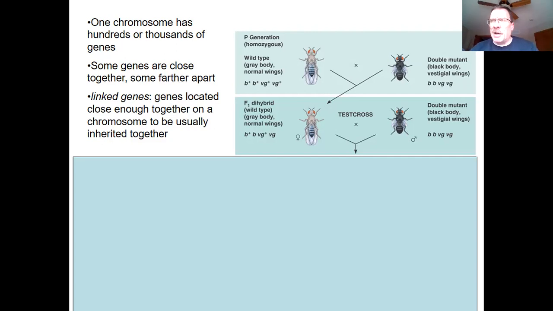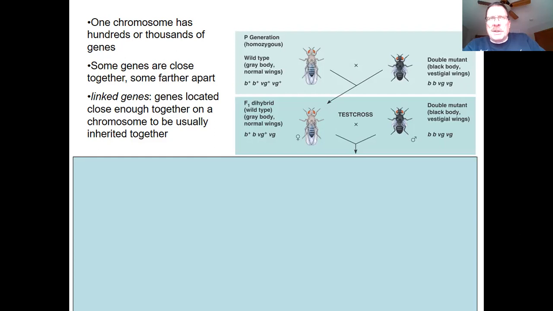Now, think about it. We talked about this in Mendelian genetics. In a monohybrid heterozygous by homozygous cross, you would expect to see 50-50, half heterozygotes and half mutants. It's the same with a dihybrid cross.